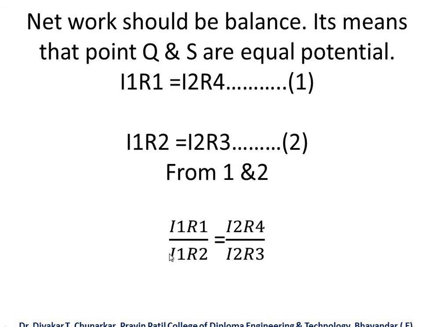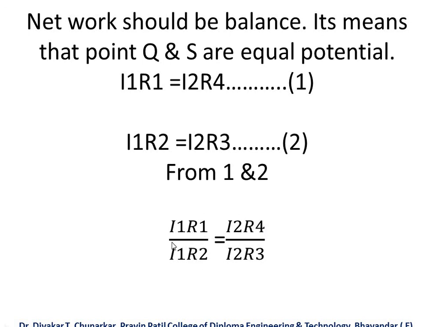Here I1 gets cancelled, I2 gets cancelled. So our equation is R1 upon R2 equals R4 upon R3. This is our Wheatstone network equation.